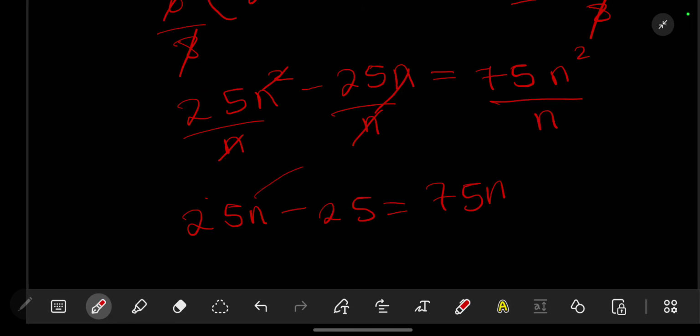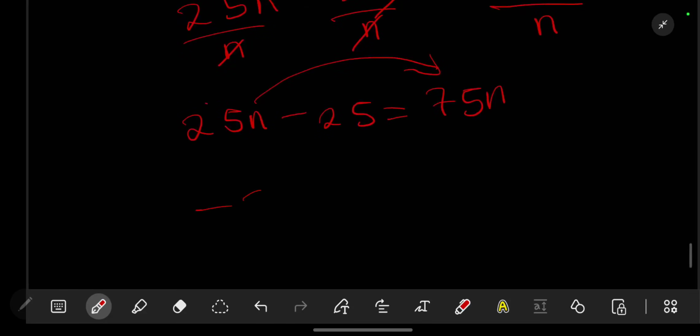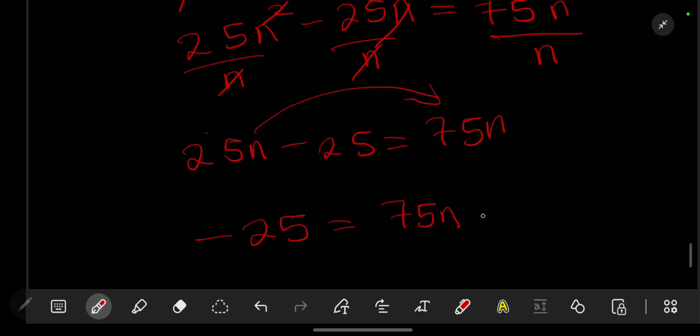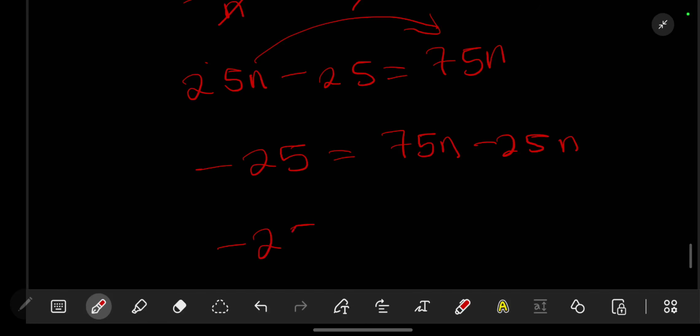So what we are going to have is this goes the other side, so we have -25 alone should be equal to 75n minus 25n. This gives us -25 should be equal to positive 50n. 75 minus 25 is 50.